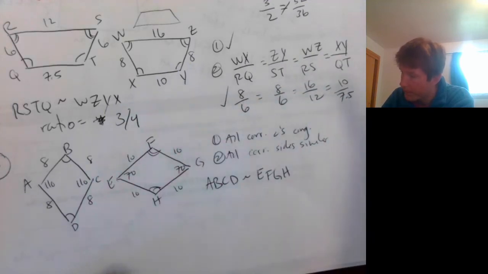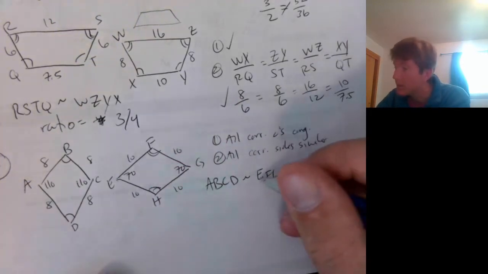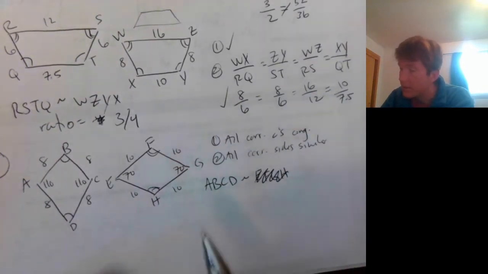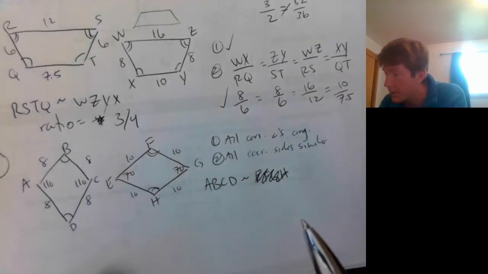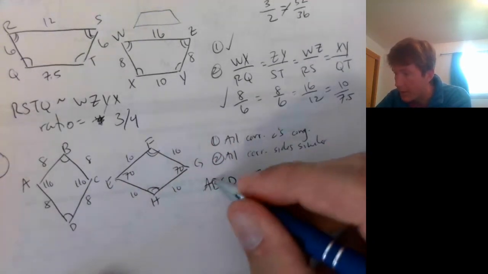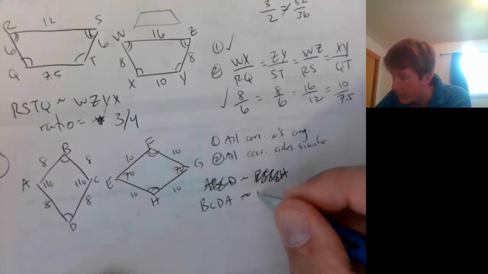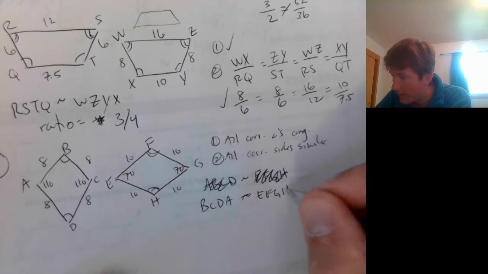That's because, hold up now. I just did a boo-boo. So the angles must correspond with each other. Okay, I'm going to write this actually as BCDA. This would be EFGH. Okay.